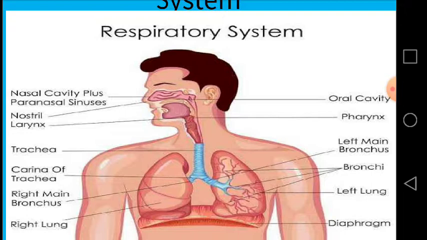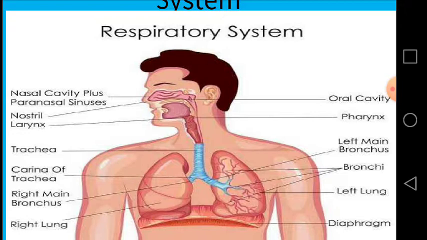The airways leading to the lungs form a highly branched structure sometimes called the bronchial tree. Air enters the mouth or the nose and passes down the windpipe or trachea. This divides into two tubes called bronchi, one bronchus, singular, leading to each lung.